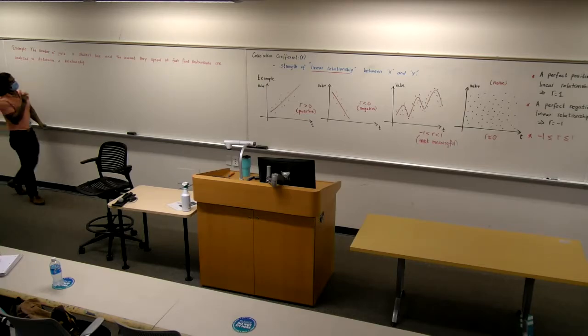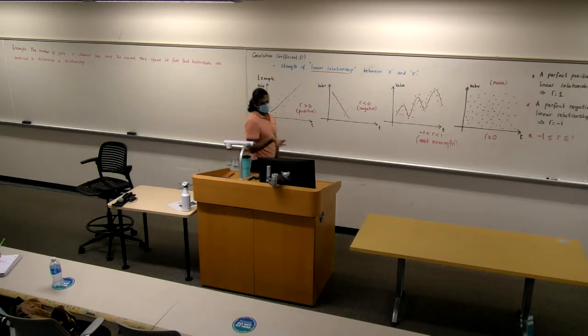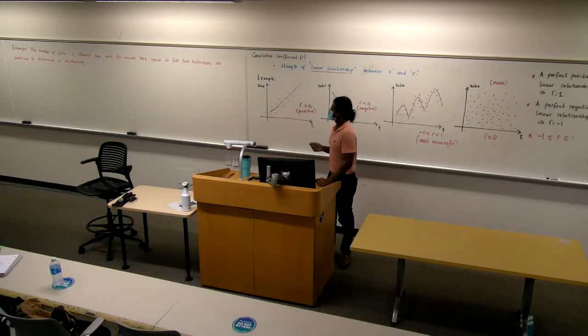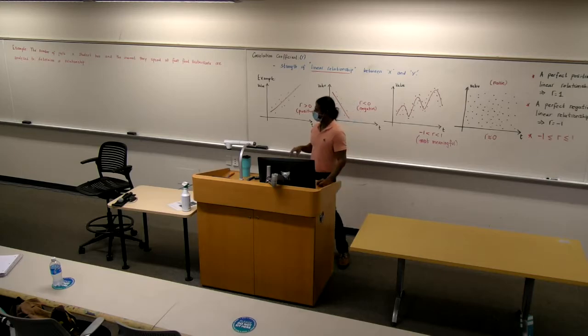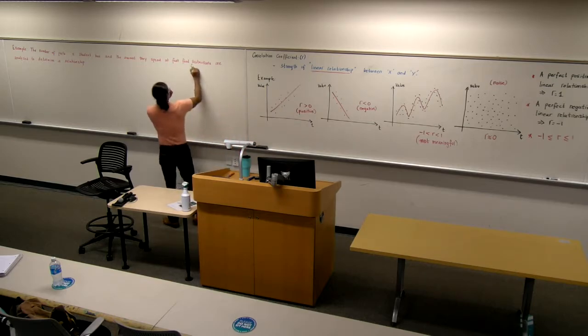Would the amount of money that you spend at a fast food restaurant depend on the number of pets, or will the number of pets that you have depend on the amount you spend at fast food restaurants? Would it be per day or per week? We'll just say per day.